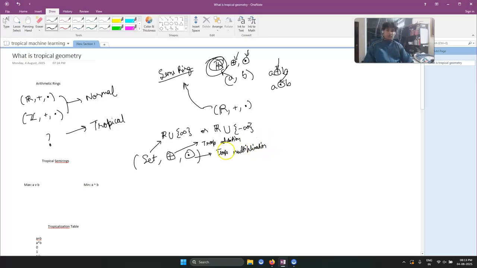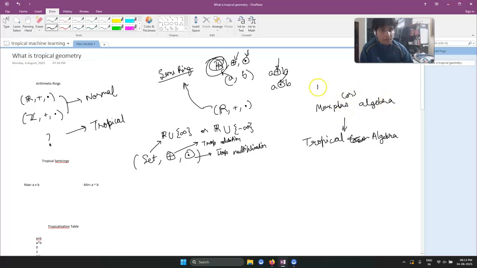So what are these two operations? Tropical algebra was originally called max-plus algebra or min-plus algebra.